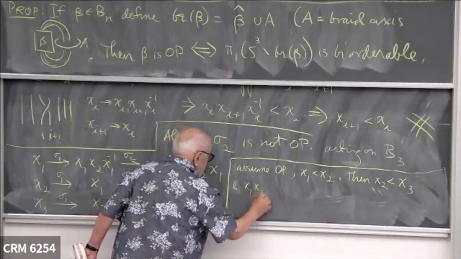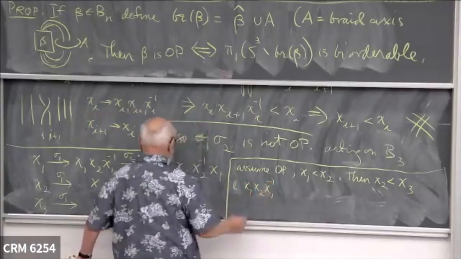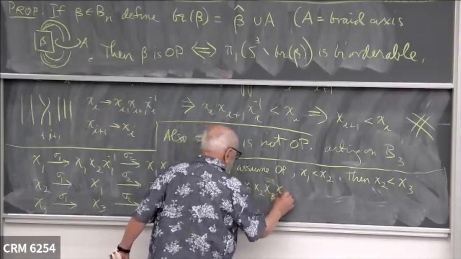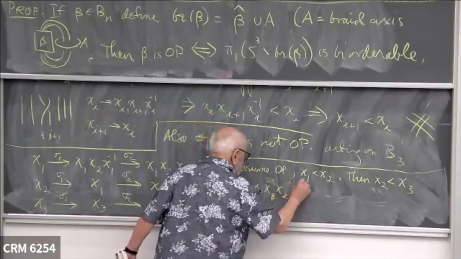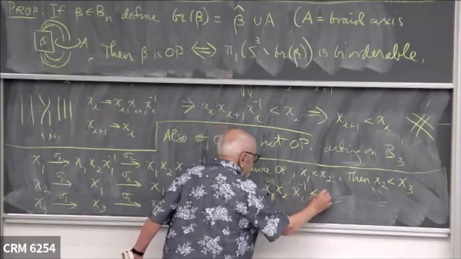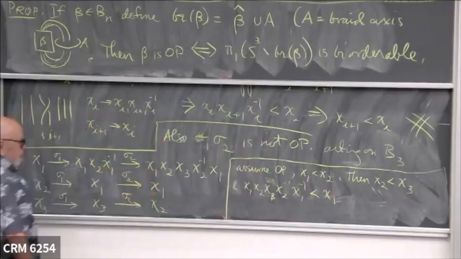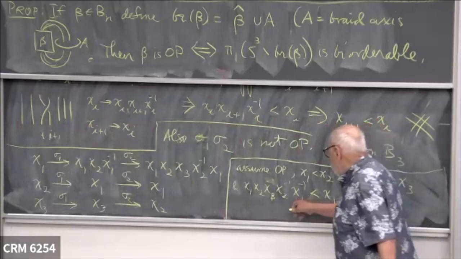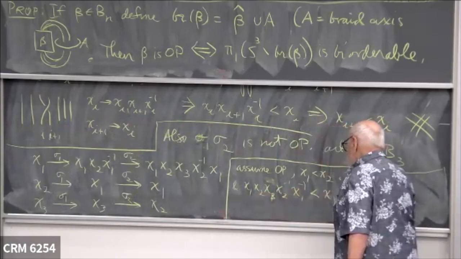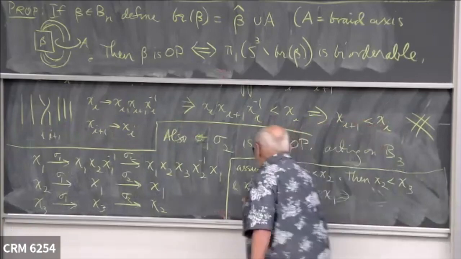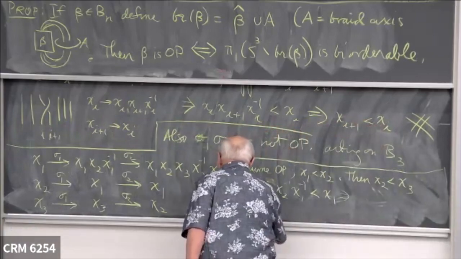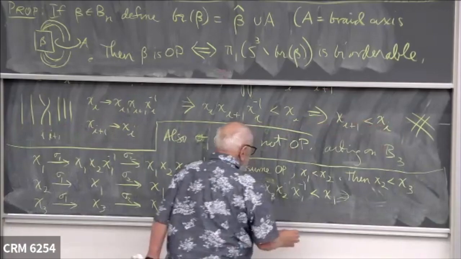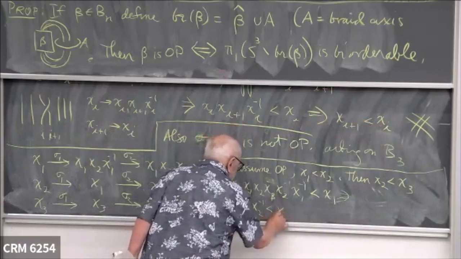Now if you conjugate by X1, that implies X2, X3, X2 inverse is less than X1.